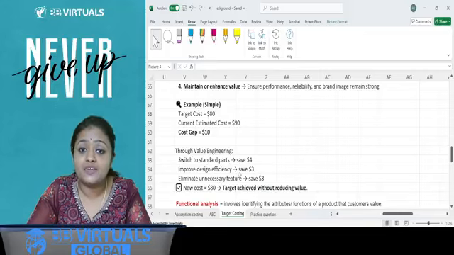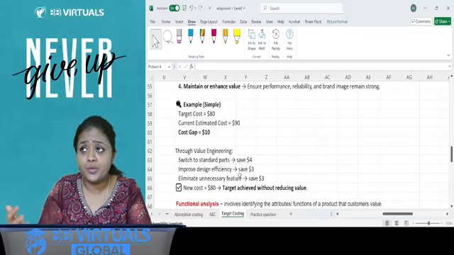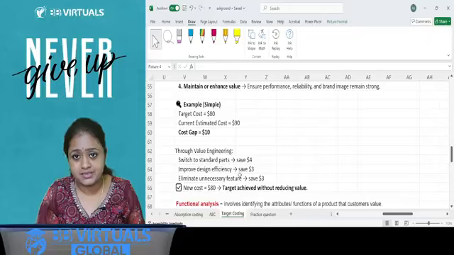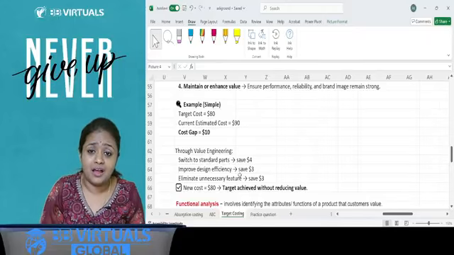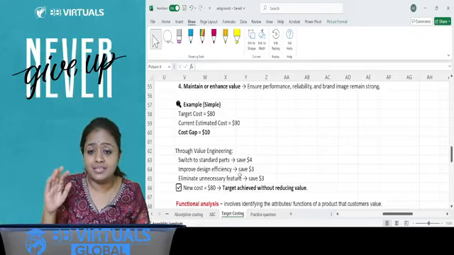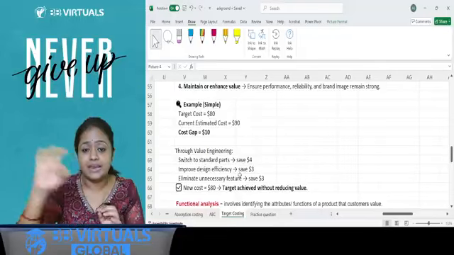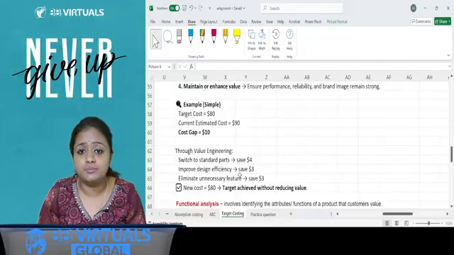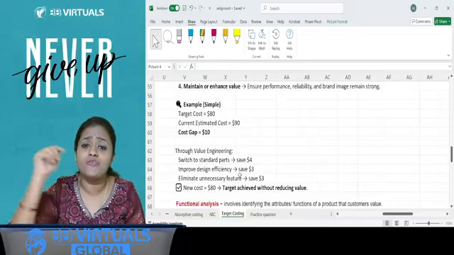Eliminate unnecessary features. For example, I buy a car that has normal seating arrangements. Or there is the same car but with an enhanced cost of 5 lakhs because suddenly the seats have some design patterns on them. Now if that car is launched in the market, people may not be ready to spend 5 lakhs on it.